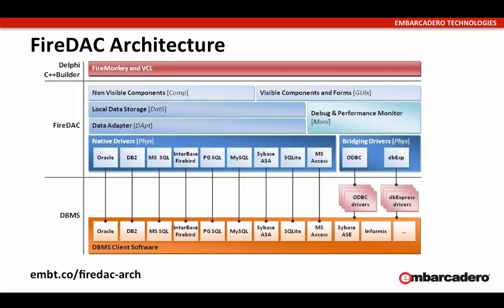There are also bridging drivers through the physical link to go through ODBC drivers to other databases, and also if you have dbExpress drivers, there is a bridging driver physical link for using that as well. The bottom layer shows the client software for each database you want to talk to, either locally or remotely.